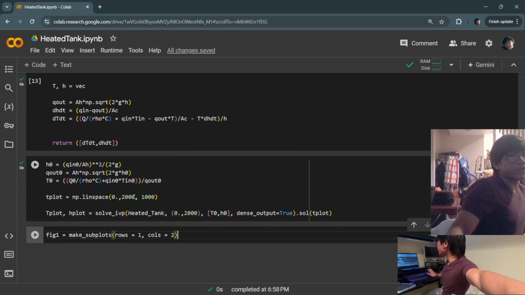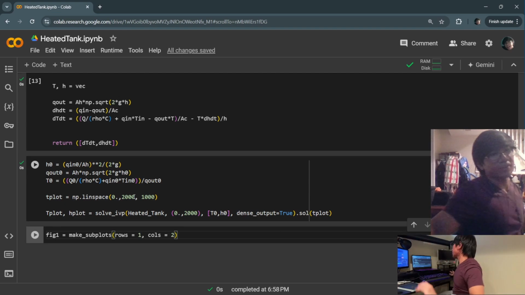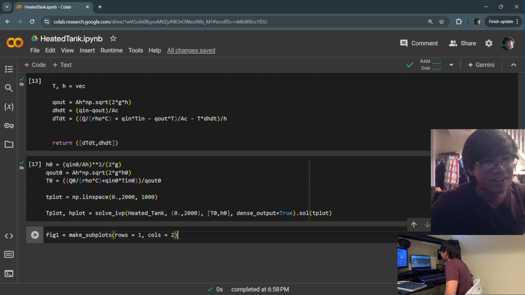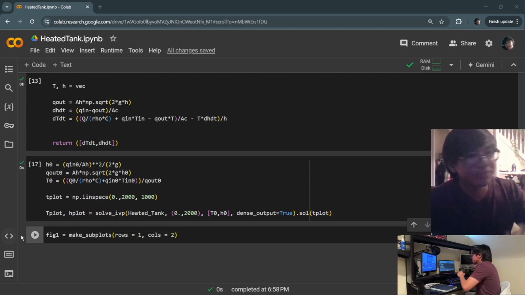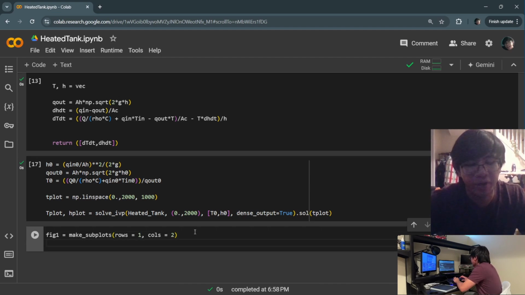Oh, it keeps falling. I'll fix that. Okay, should be better. So we were making 1 row and 2 columns, so we have our plots side by side. Go ahead and add our scatter plots.